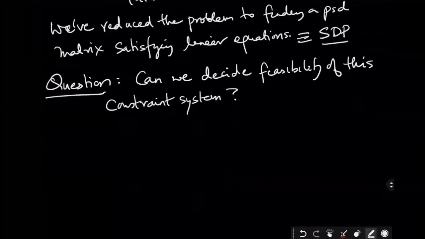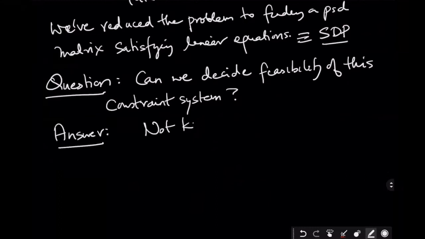The answer to this is unknown. Believe me. Not known. This is the SDP feasibility problem. And we actually do not know if there is a polynomial time algorithm for it.